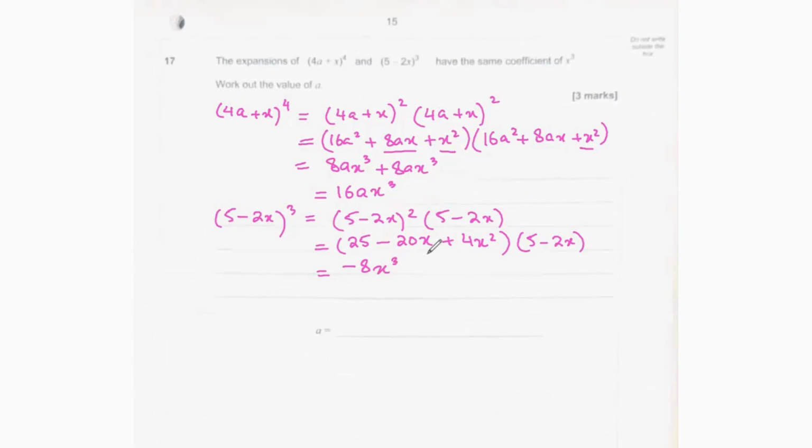Other than that, we're not getting any cubes. We put 16ax cubed equal to negative 8x cubed. The cubes get cancelled out, so a equals 8 over 16, which is 1 over 2. And there's a negative over here as well. So negative 1 over 2 is our value of a.